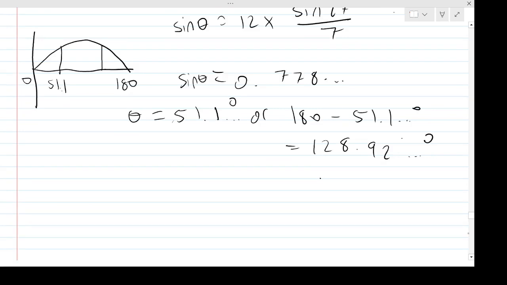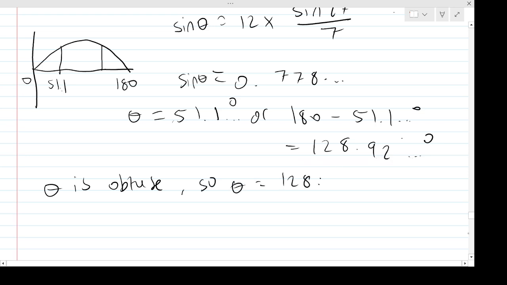so yeah, so then that means as theta is obtuse, we literally just need to look at the diagram and see literally the angle, right? So theta is obtuse, so that means we have to take the solution above 90, which is actually this one. So theta is then 128.9 degrees to 1 decimal place there.